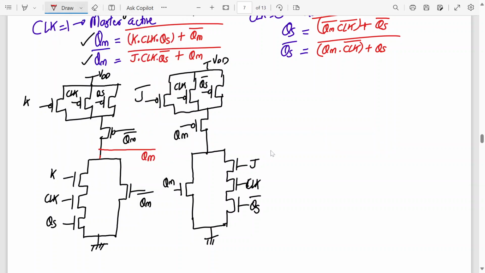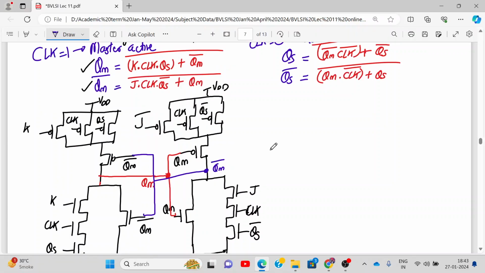Alright, so this QM and this QM will join together to this QM, and the output of the second stage is QM bar. So this QM bar I'll join together to this QM bar. Got it? If anyone has written something?